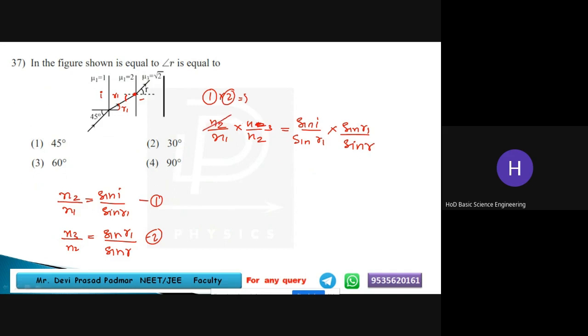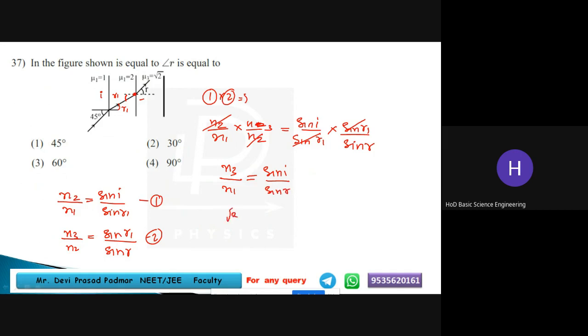So this n2 gets cancelled, then sine r1 gets cancelled. You are left with n3 by n1 equal to sine i by sine r.